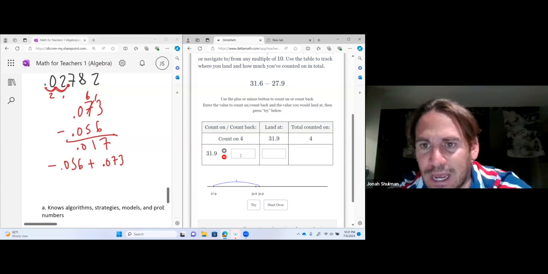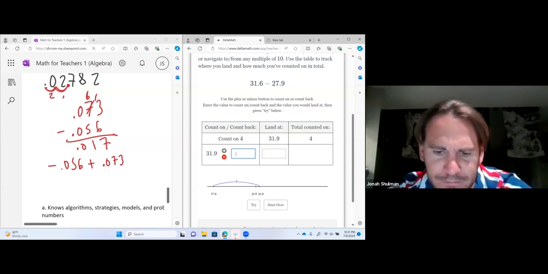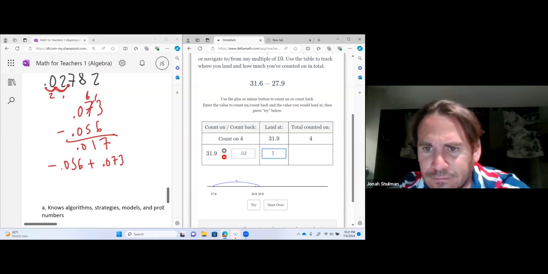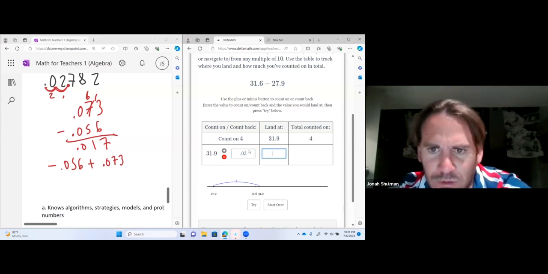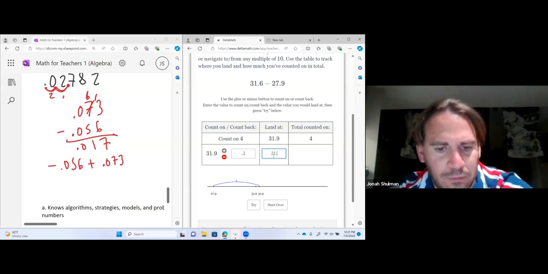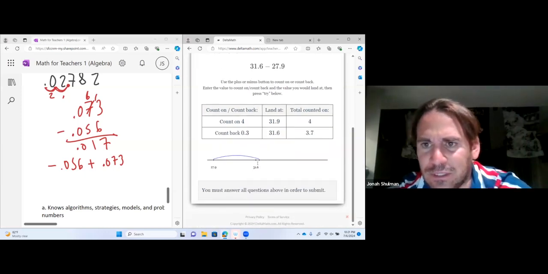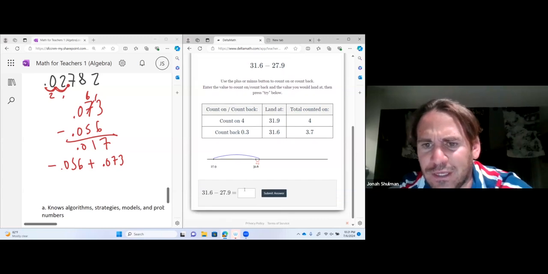Now we have to subtract. What is it? 0.03? Oh, and just 0.3. 31.6. That's the fancy way that they do it. Nice. So we have 4, count it back 0.3, answer is 3.7.